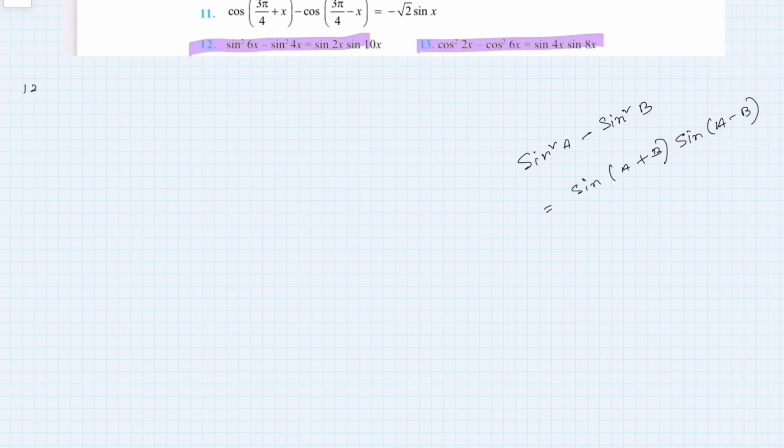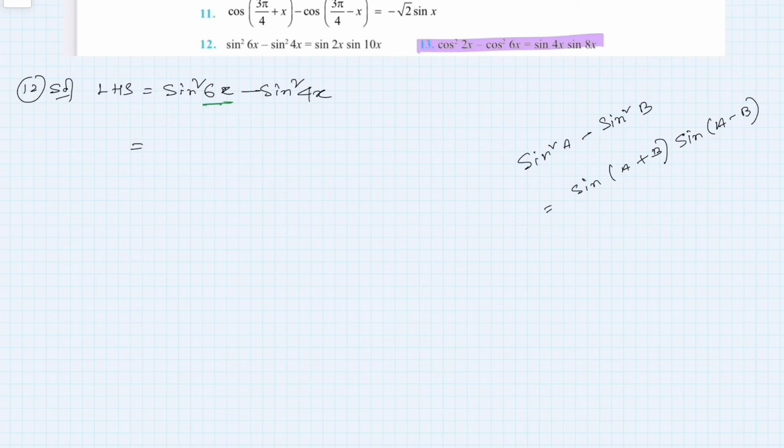So again let me take the left hand side first, that is sine square 6x minus sine square 4x. Here you see, consider 6x as A and 4x as B, then use this identity.